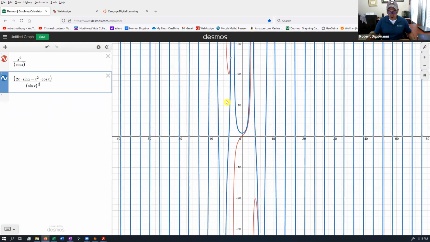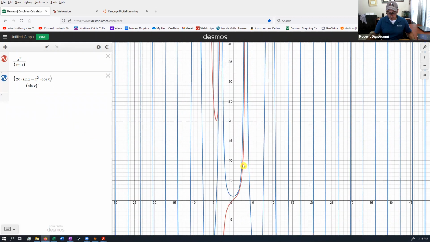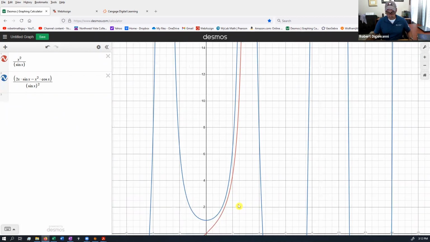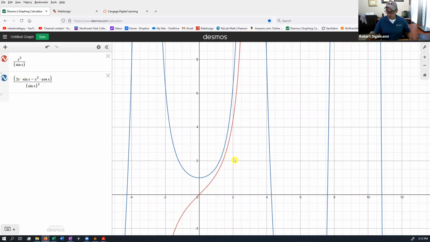So if I wanted to know what the slope of the tangent line was for the red curve, let's say I went to right here, some value of x, and I wanted to know what the slope of the tangent line was right here, it would be equal to the y value right here on the blue function.